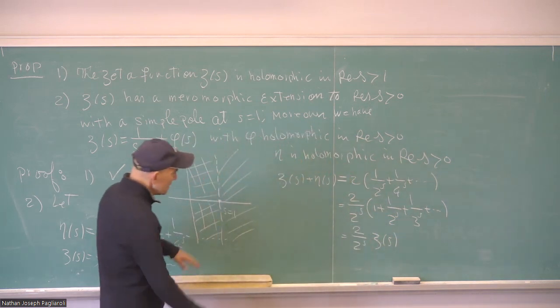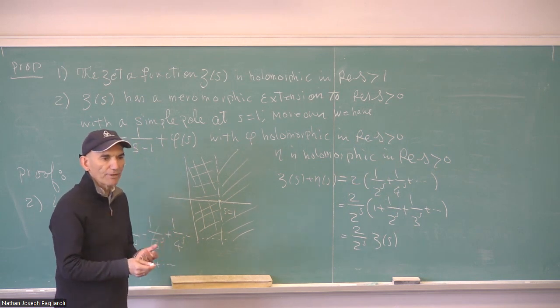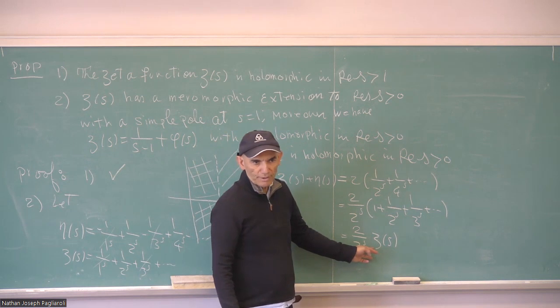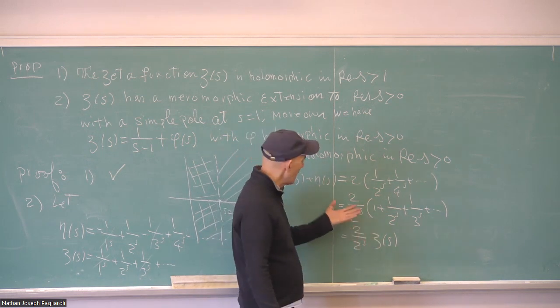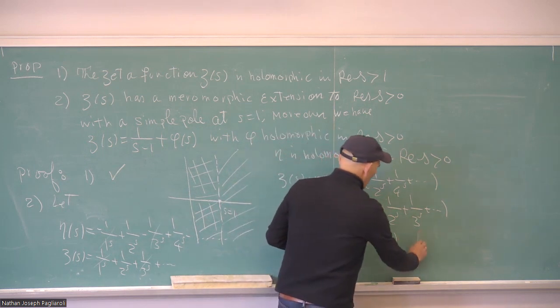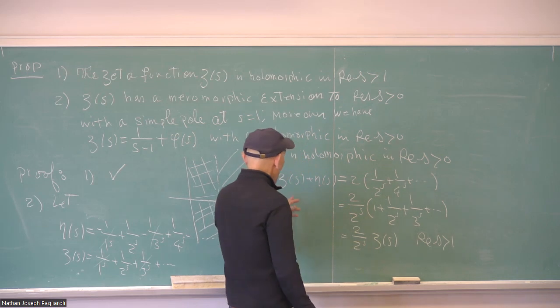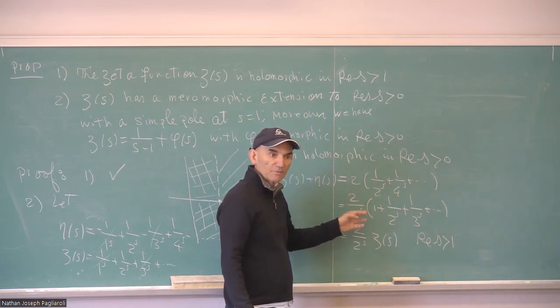Now, this story is correct for real part of s bigger than 1, because zeta has a right to exist there. So then I can isolate zeta in this equation and write it in terms of eta.